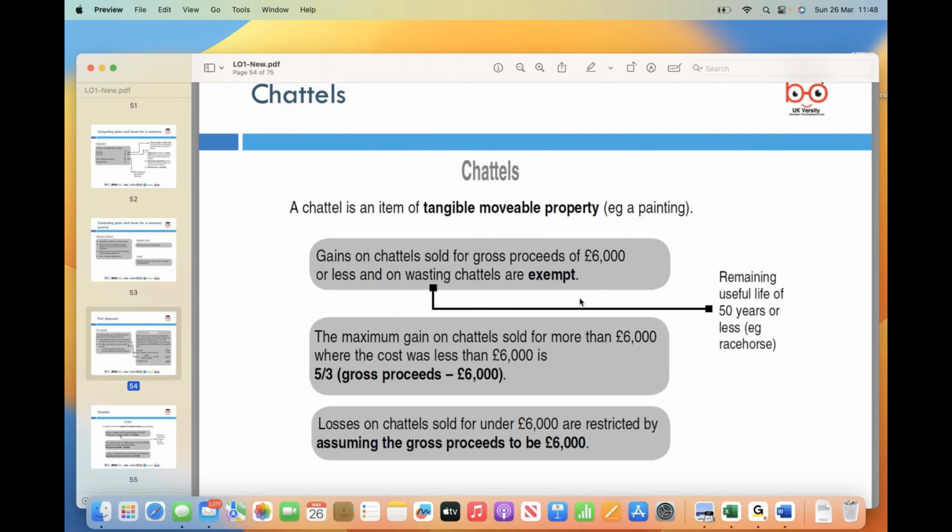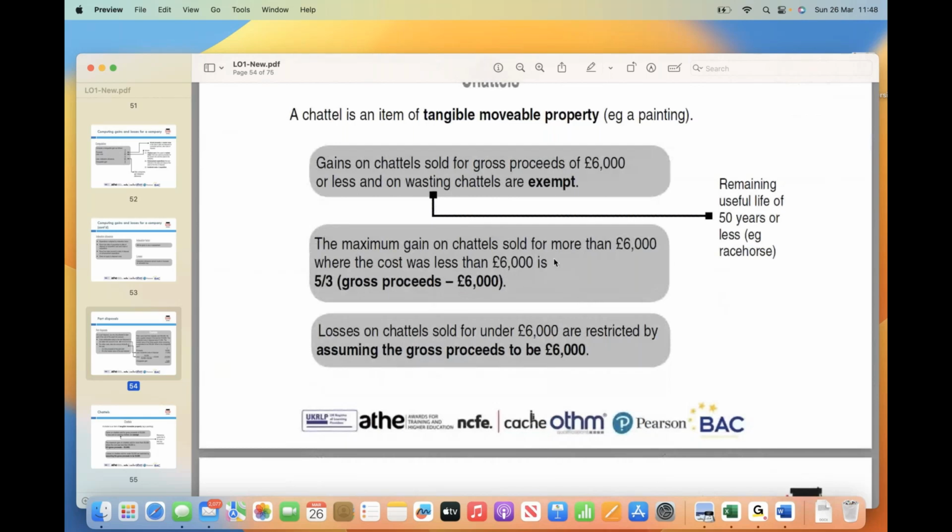For chattels sold for more than 6,000 pounds where the cost was less than 6,000 pounds, the maximum gain allowable is five-thirds of the gross proceeds less 6,000 pounds.